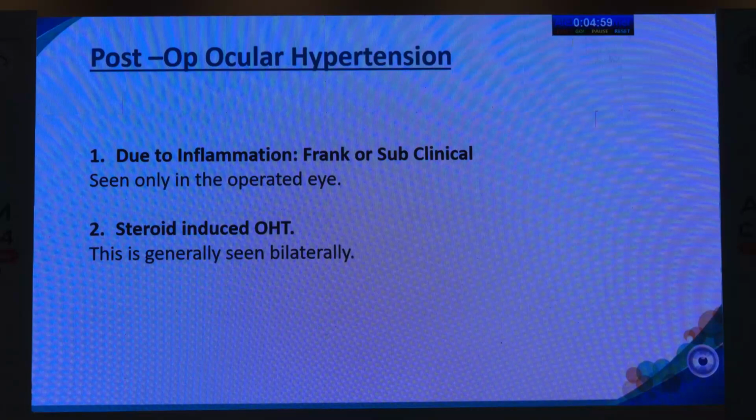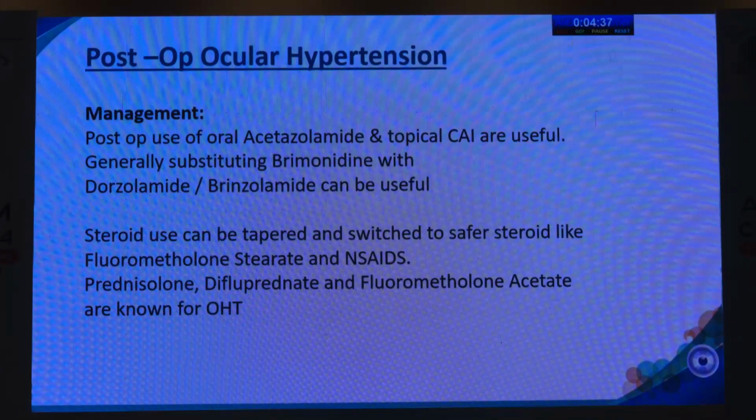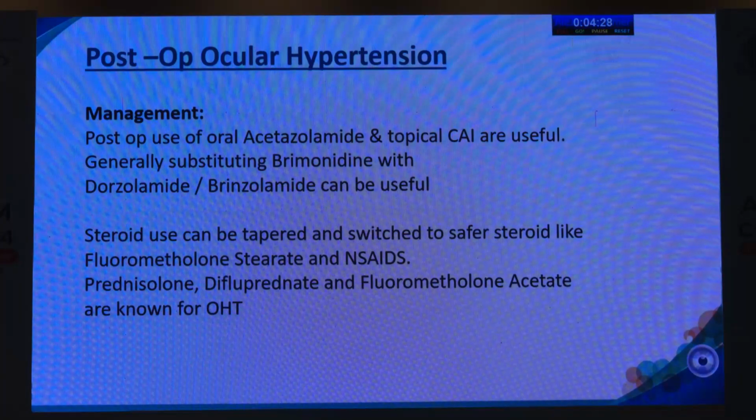Postoperative ocular hypertension can be due to inflammation, frank or subclinical, seen only in the operated eye. The point of differentiation between postoperative ocular hypertension from subclinical inflammation and steroid induction is that the former is generally uniocular, whereas steroid-induced is generally binocular. How do you manage? Post-op use of oral acetazolamide and topical carbonic anhydrase inhibitors is useful. Substituting brimonidine with dorzolamide or brinzolamide can be useful.